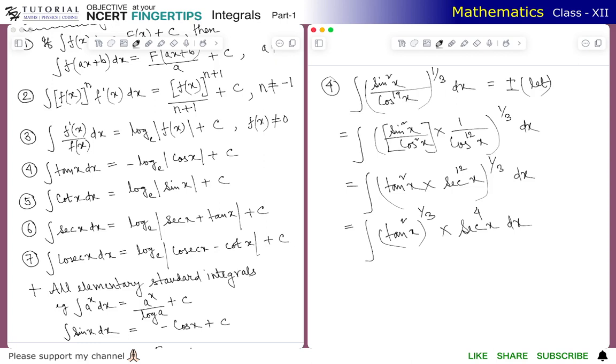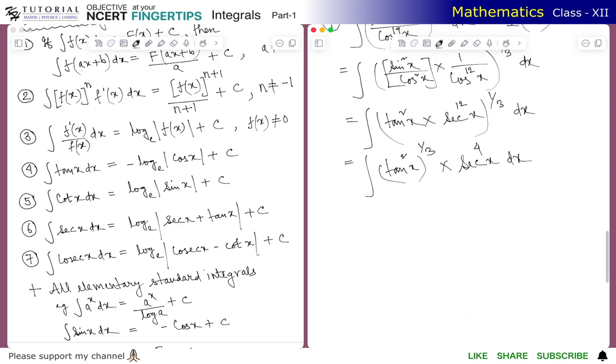Okay, now when you have some even power of tan x and some even power of sec x, definitely if I now at this stage substitute tan x equals t, what will I get?